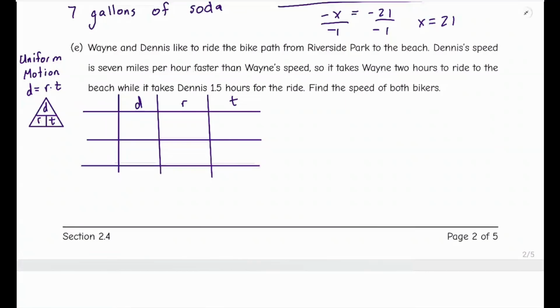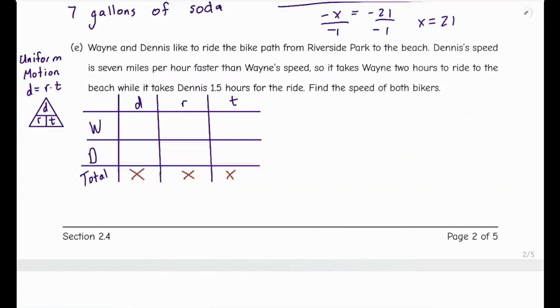In this case, we're going to be talking about Wayne and Dennis. And a lot of times you will have a total row. In this specific problem, you're going to notice they didn't give us the total for anything, so we aren't going to use it. So let me just cross them out.